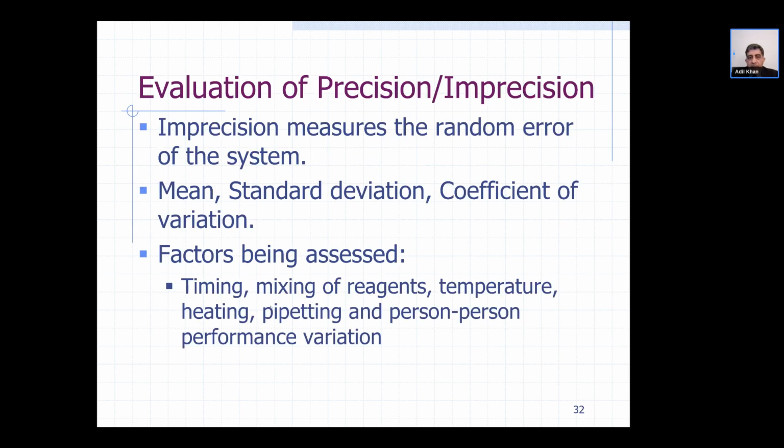Next, you have the evaluation of this precision step. This process measures the random error of the system. Therefore, you calculate the mean, the standard deviation, and the coefficient of variation. The factors being assessed are the timing, the mixing of the reagents, temperature, heating, any pipetting features, and also person-to-person performance variation.